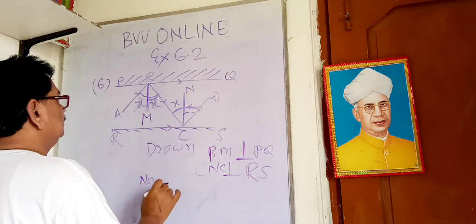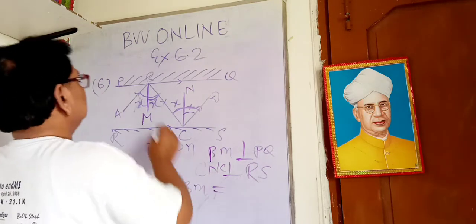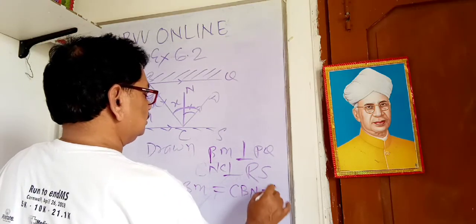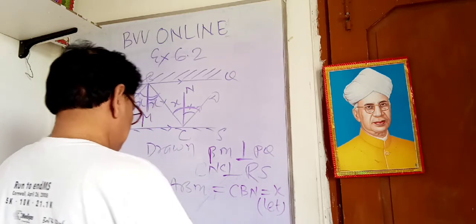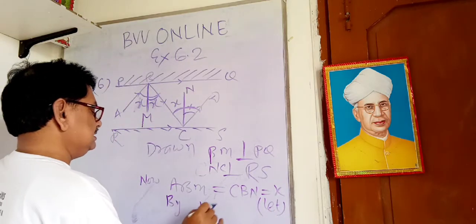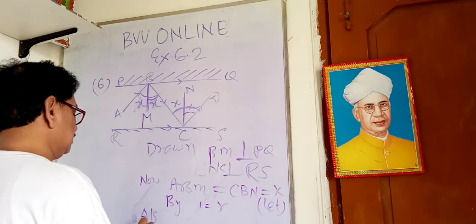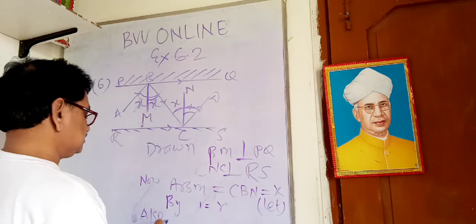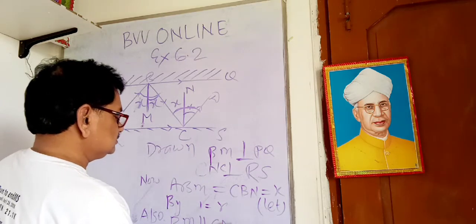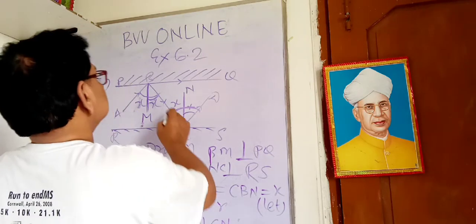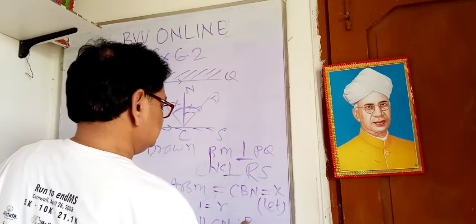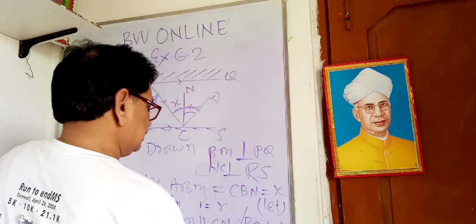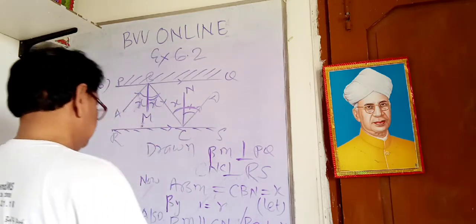Now angle ABM equals angle CBN equals X, by I equal to R. Now also BM parallel to CN, therefore this angle BCN is also X. Yes, this is also alternate angles.